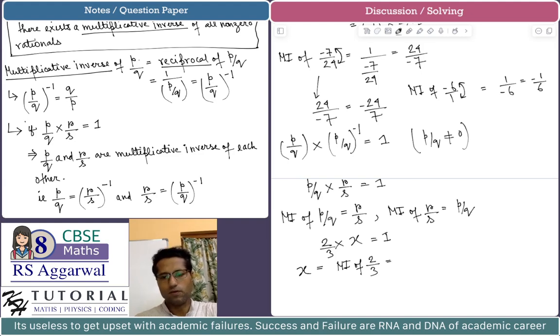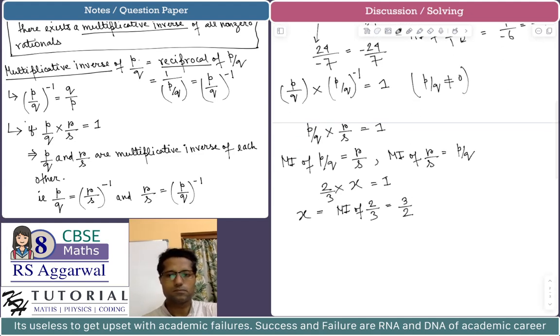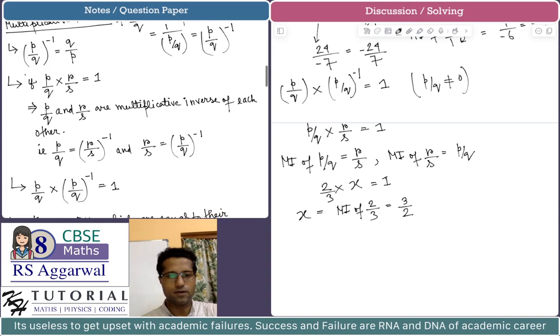We know multiplicative inverse of any rational number, you just reverse the numerator and the denominator, so that is 3 by 2. Okay, so multiplicative inverse, I think it's clear.